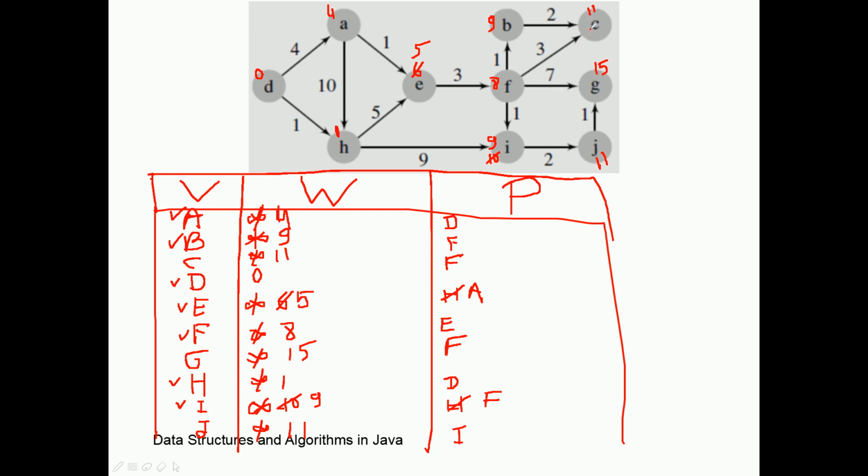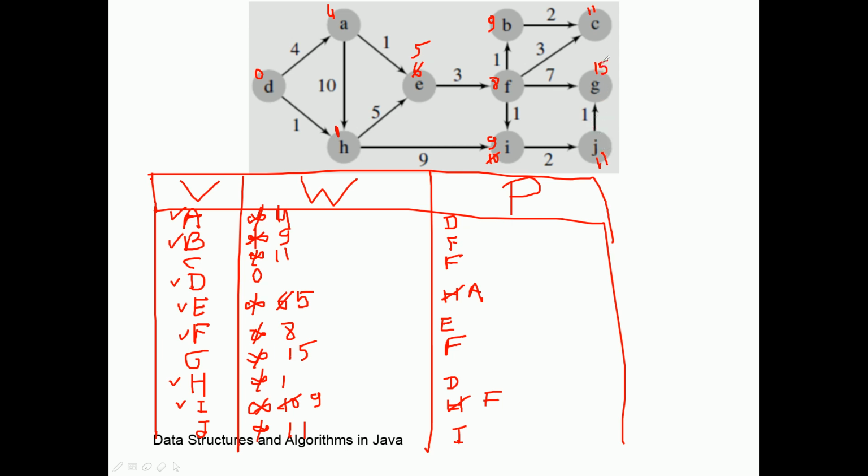Now what is remaining? I have C, G, and J, and C and J are both 11. So I'm going to start with one of them. Let's say J. From J, I can go to G, which will cost me 1.